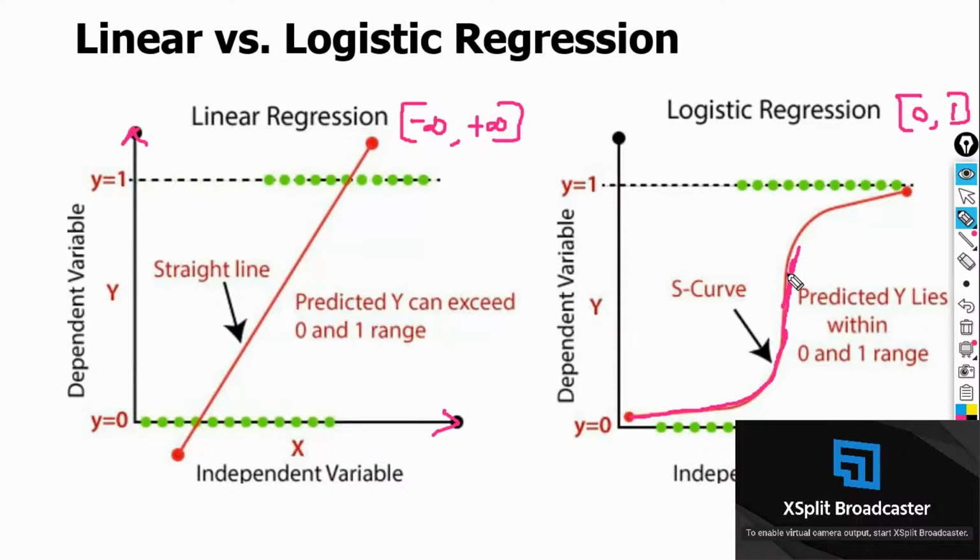This is called the sigmoid function, and it is also named the logistic function, which is an S-shaped curve. If you see the limits of this S curve, the minimum value is 0 and the maximum value is 1.